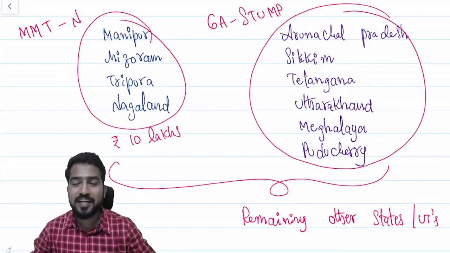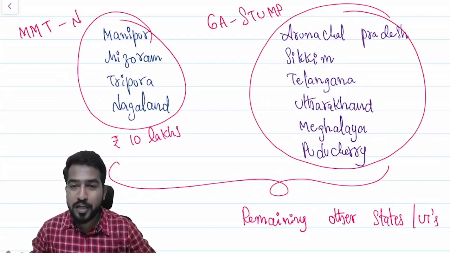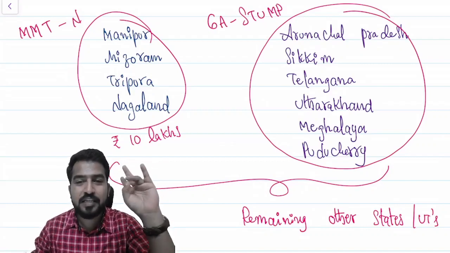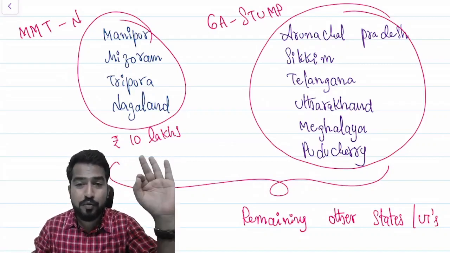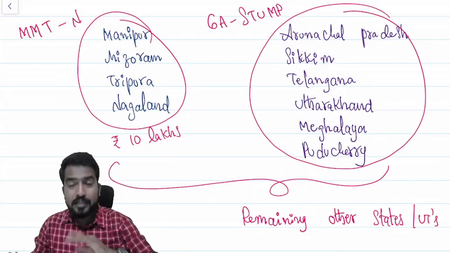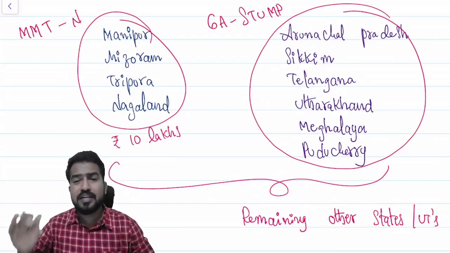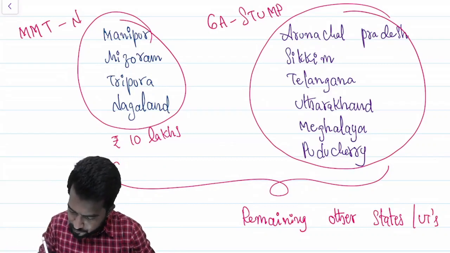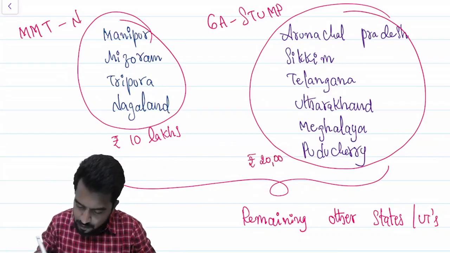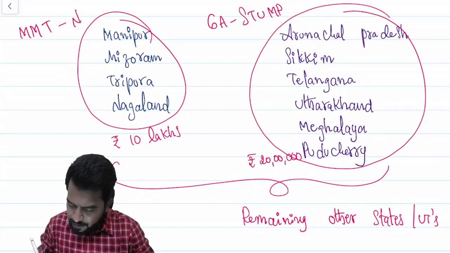A for Arunachal Pradesh, S for Sikkim, T for Telangana, U for Uttarakhand, M for Meghalaya, P for Puducherry. So in these states, if you are exclusively dealing with goods, it is a 20 lakh threshold limit.